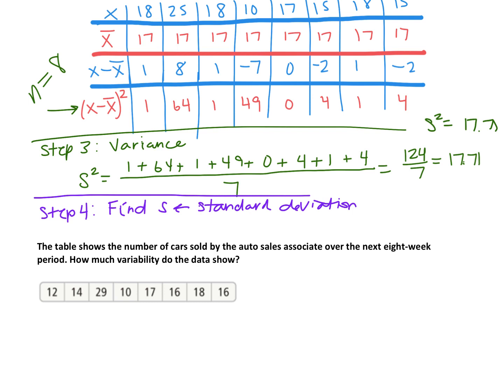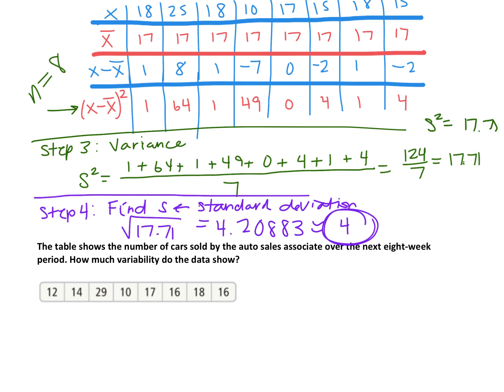So to find s, all that we do is we take the square root of the variance. So we're going to take the square root of 17.71, and that's going to give us 4.20883. And in this example, because we're talking about whole cars, you can't have 4.2 cars. We're just going to go ahead and say that's about equal to 4. So our standard deviation is 4. Nice job finding your first standard deviation.